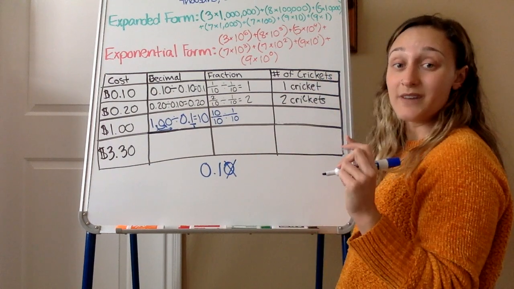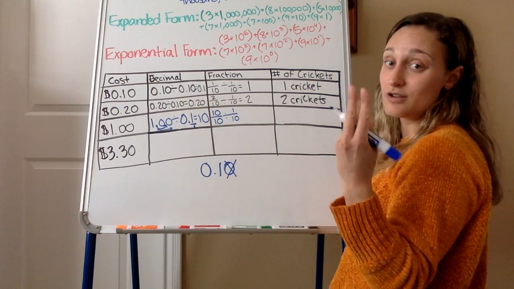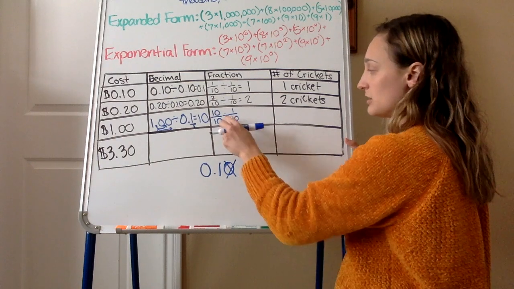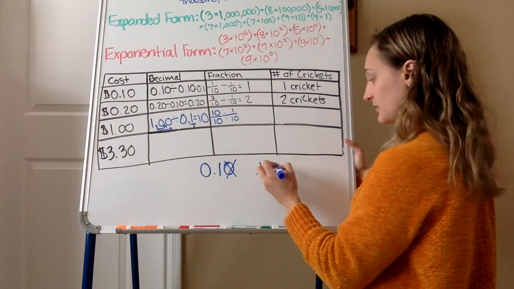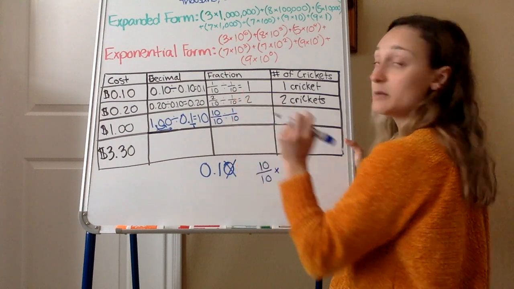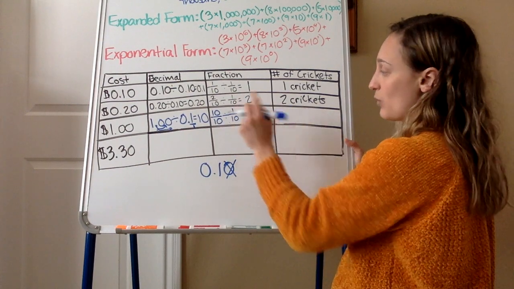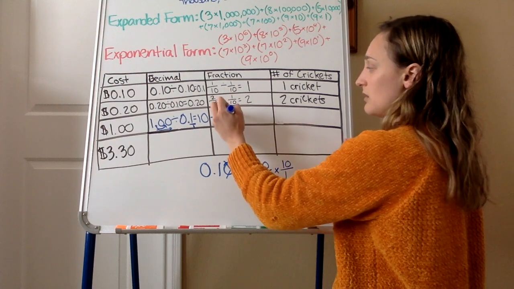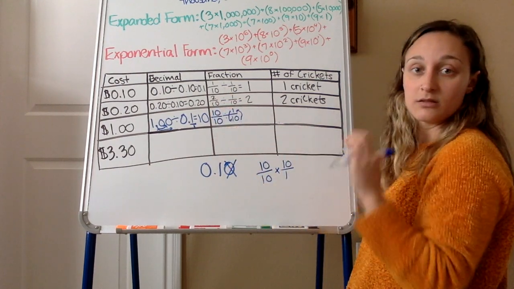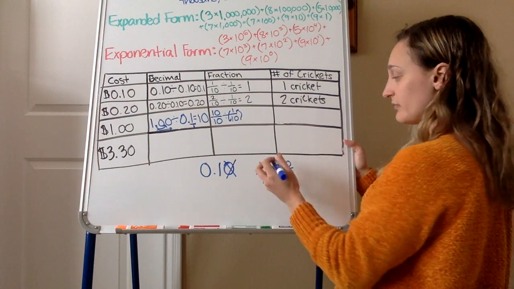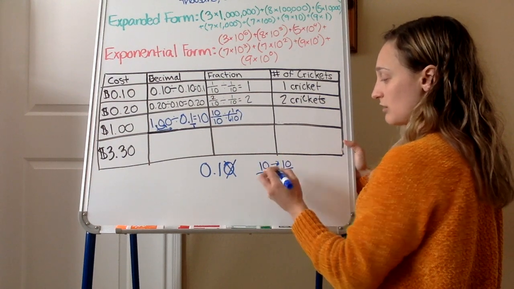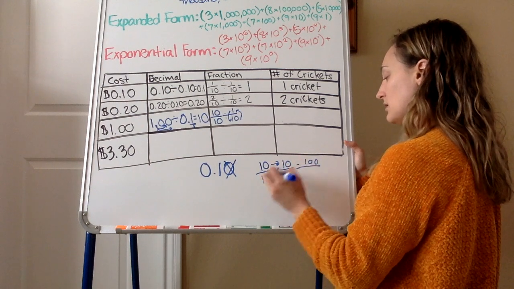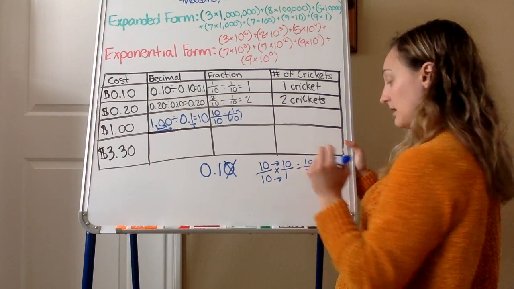And remember, when we divide, we do keep, change, flip. I'm going to keep 10 over 10. To change the division to multiplication, I'm going to flip my 1/10 to be 10 over 1. I'm just switching which side they're on. Then I multiply straight across. 10 times 10 equals 100, and 10 times 1 is 10.